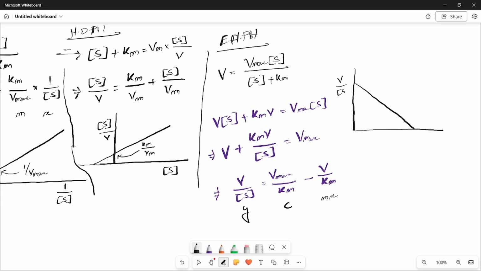V by S. What is x? V. And what is the intercept value? This is the intercept value, that is Vmax by Km. And what is the slope? Minus 1 by Km. And simplifying the equation, we can get the value of Vmax like this. This is the Vmax.